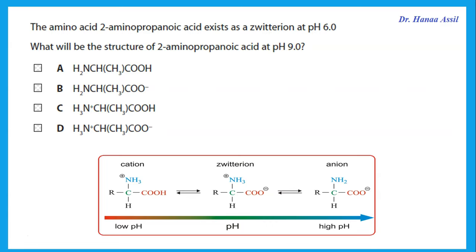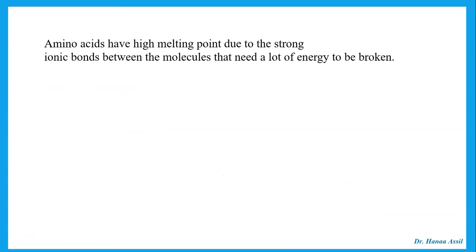But if we put it at pH 9, that means in alkaline solution, then which of these would exist? We said the amine part remains NH2 and the acidic part becomes COO minus at high pH.